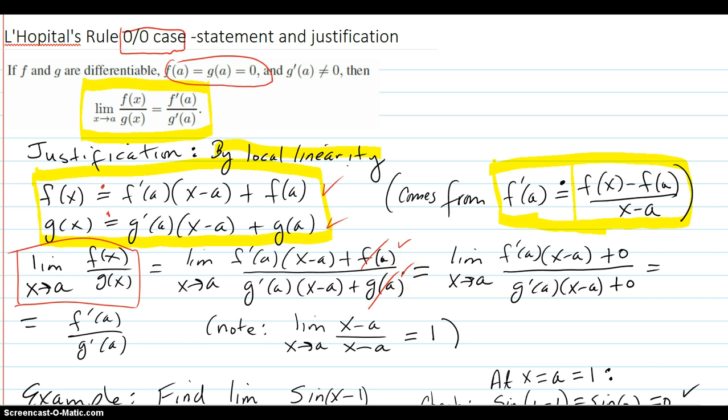And then in the limit as x approaches a, x will never actually be a, so these two here will cancel out to 1 because x will not be equal to a. And so you'll have the limit as x goes to a of this quotient, and those are just constants, so the limit result is here, and that justifies the theorem.